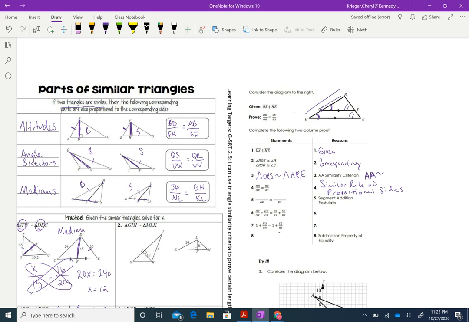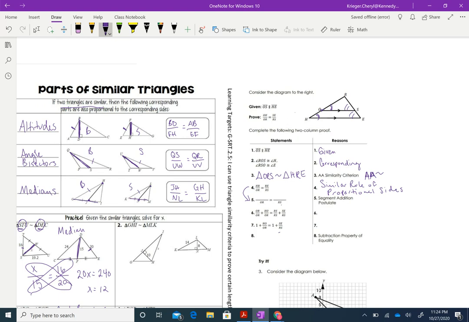So number 5 says the segment addition postulate. Remember we're moving from 4 to 5. In the denominator of 4 and 5, we have OR, then RS.